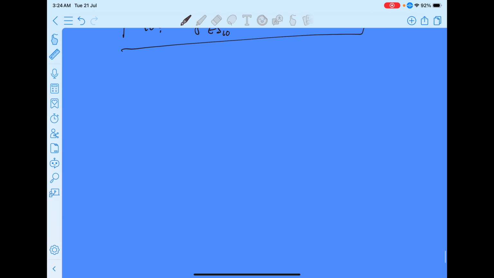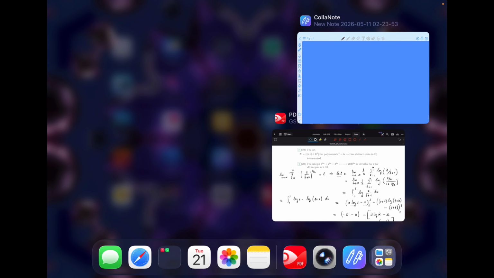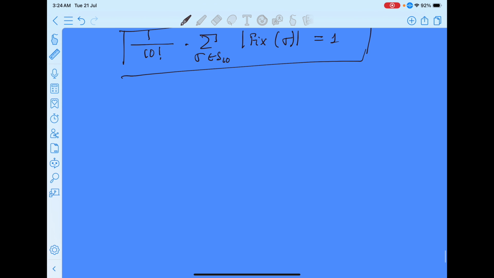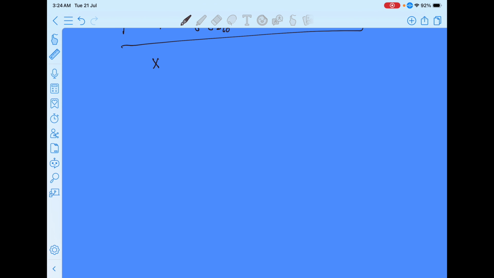So what's the polynomial? x square plus bx plus c, okay. What are the roots of this polynomial? This is minus b plus minus root over b square minus 4c divided by 2.